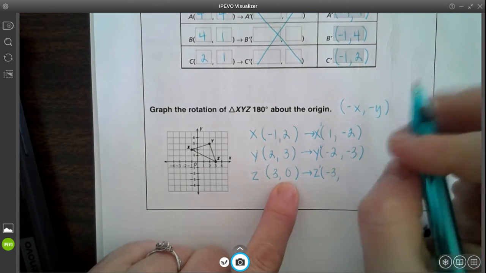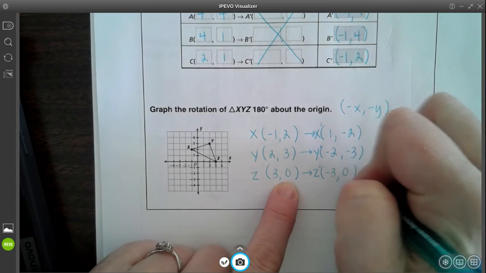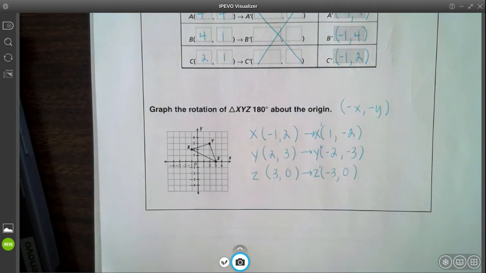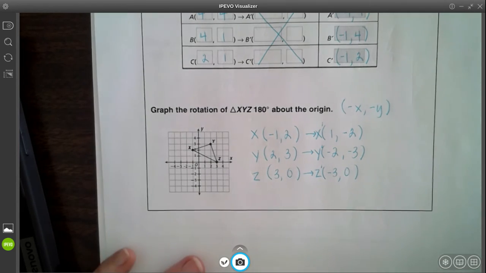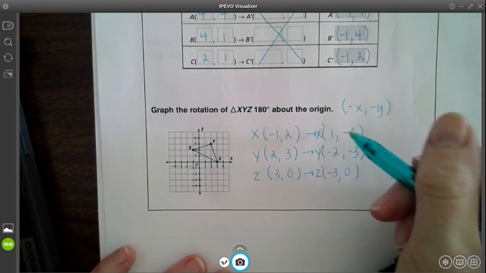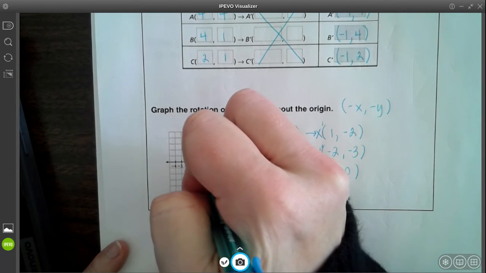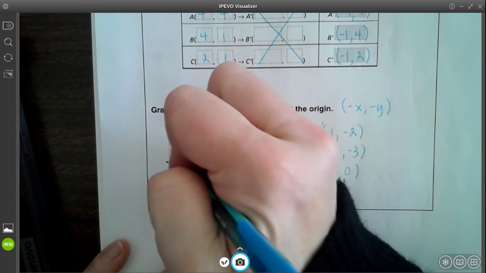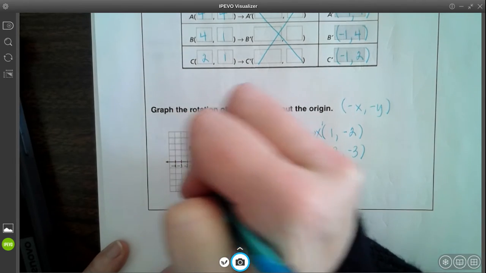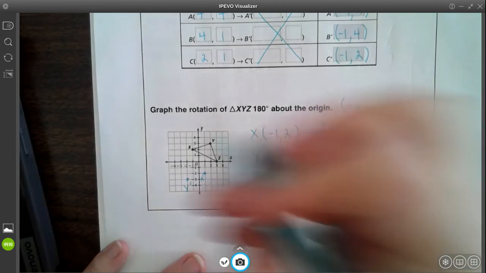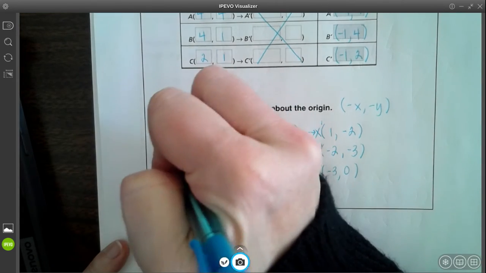The opposite of 0 is just 0. Okay, that one is a little tricky because 0 is not negative nor positive, so we just keep it the same. All right, so X prime is at 1, -2. Y prime is at -2, -3. And Z prime is at -3, 0.